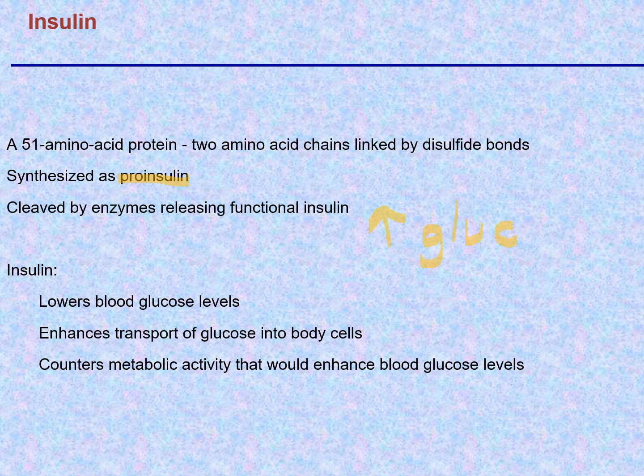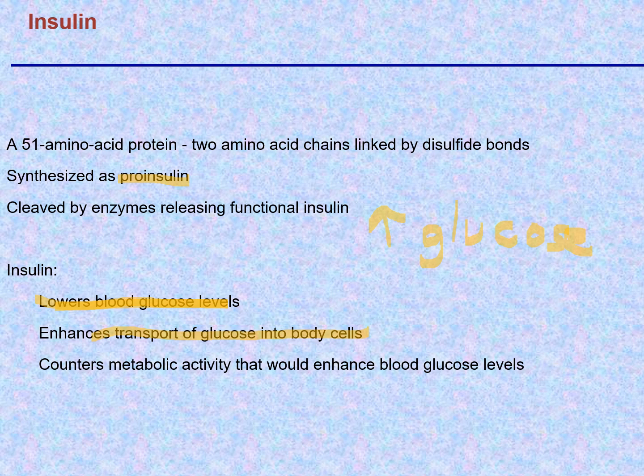If glucose levels rise, then insulin will get released from the beta cells in the islets of Langerhans, and it results in a lowering of blood glucose levels, because insulin will bind to insulin receptors on cells throughout the body and allow those cells to take up glucose into their cytoplasm. By taking up glucose, that causes a drop in blood glucose levels.